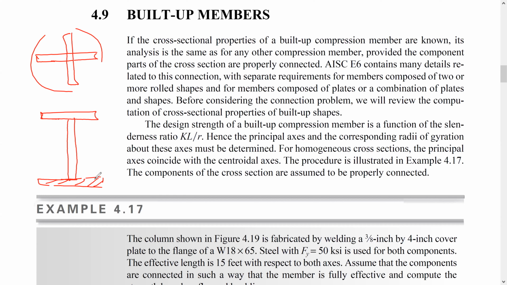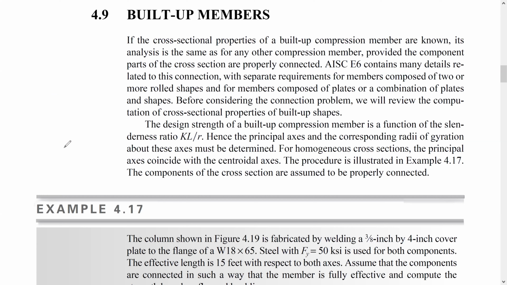This one plate, this is another plate, and this is another plate welded here and here to come up with, let's say, a deep girder. Yeah, that depends what we do have in our case. And the third type is if we do have a combination of 2, let's say, rolled shape or a rolled shape with plates.